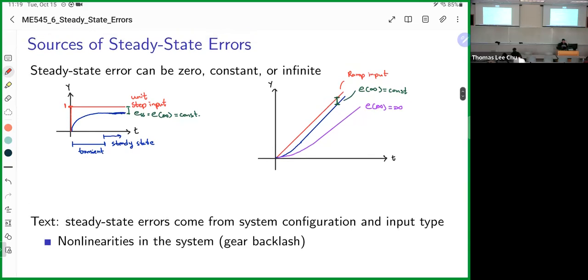It's dependent on the number of open loop poles you have at the origin. We'll talk more about that next class. But basically, when you look at the open loop transfer function, you can tell, depending on the type of test input, if the system will have steady state error. So we'll cover that next class.